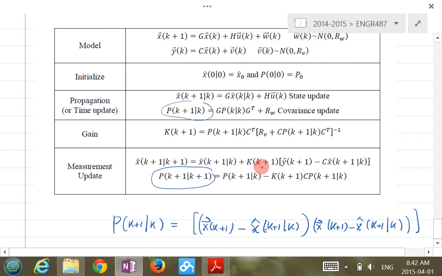It's this little location here. What do you use the Kalman filter gain for? You use it to multiply with the difference between the actual measurement and the estimated measurement, right?